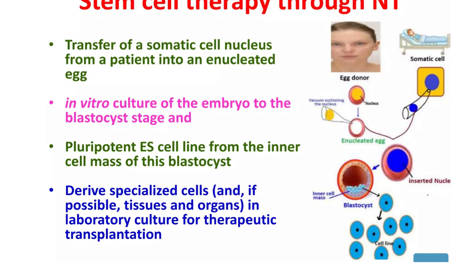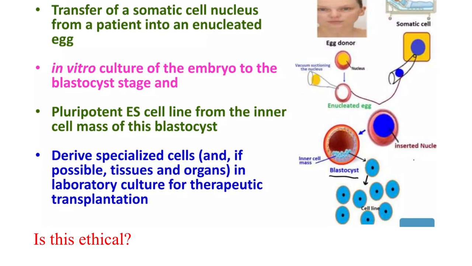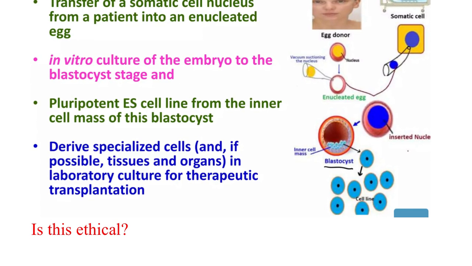Now, we get stem cells from embryos. This is a stage of the embryo. This is not one cell right here. This is a bunch of cells, and it develops 5 to 6 days after fertilization of the egg by the sperm.